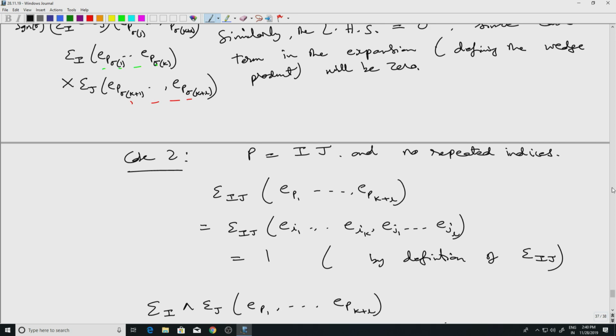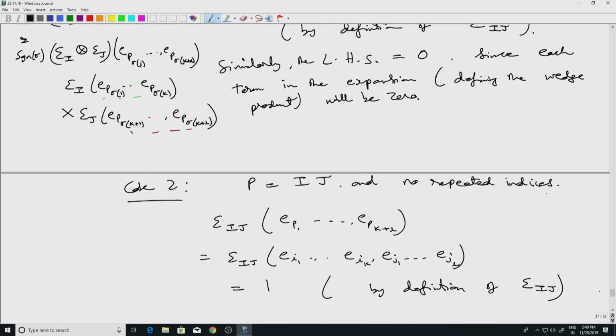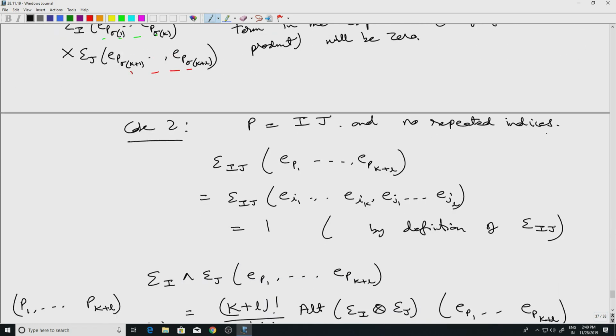In other words, all the entries of P are distinct. Another way of saying that is that the entries of I and the entries of J have no common entry between these two.